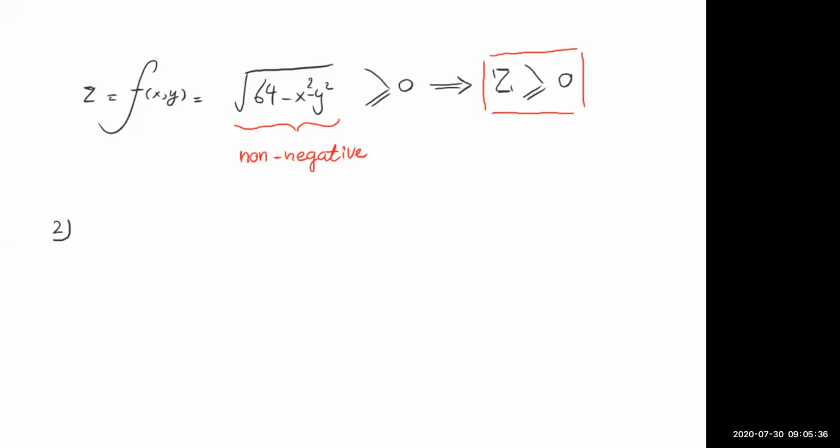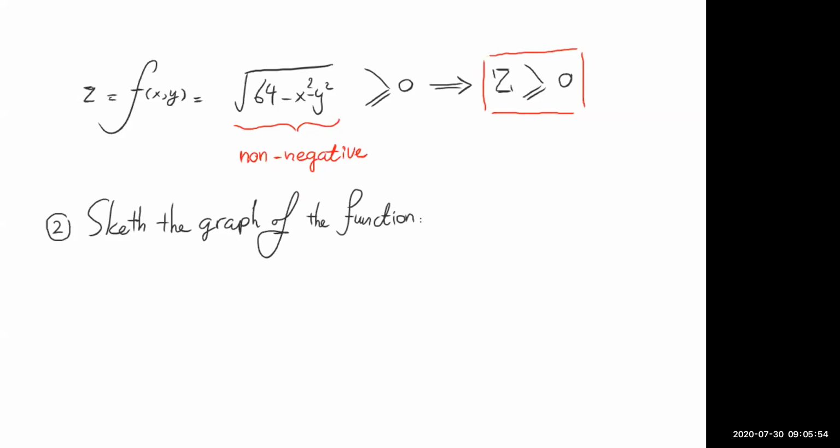Now, we can actually sketch the graph of the function. How?